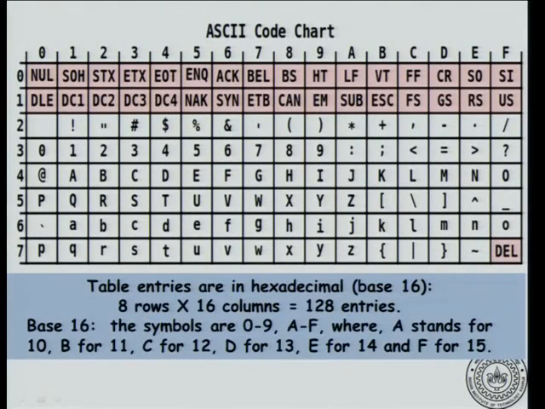The table entries are in hexadecimal, so base 16. We will come to that later in the course, why base 16 is convenient. There are 8 rows and 16 columns in the table. In base 16 notation, A stands for 10, B stands for 11, C for 12, so on up to F for 15. This is what is meant by base 16 notation.